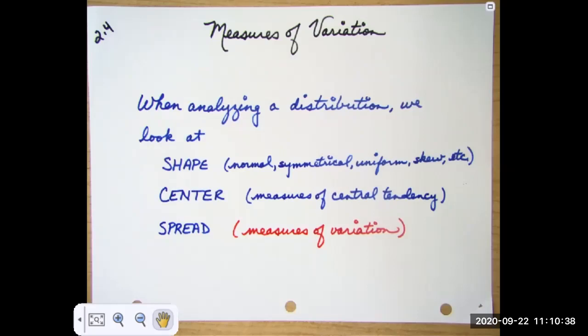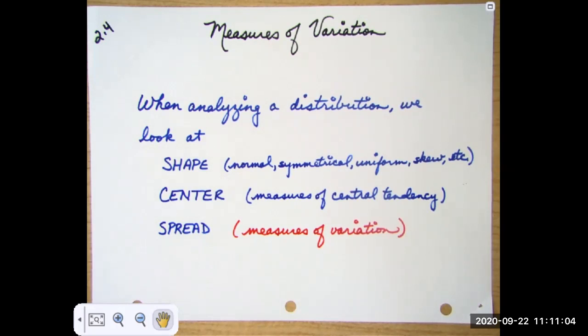Hello, statistics students. In previous lessons, we've talked about what we're looking for when we are analyzing a distribution. As I've mentioned before, our brains are not really designed to handle large quantities of numbers, so we like to graph things and see what the picture tells us. When we describe the distribution, we look at shape, center, and spread.